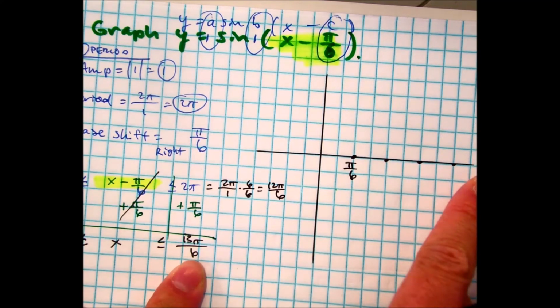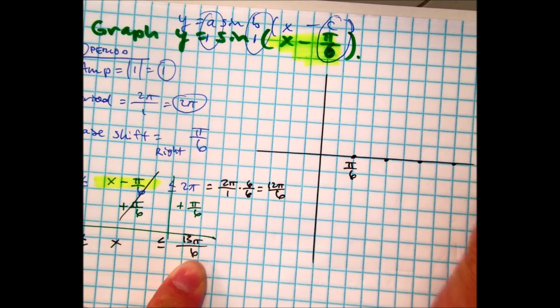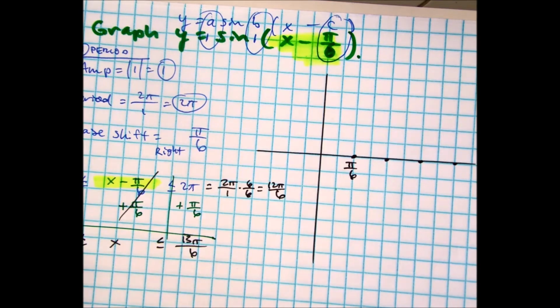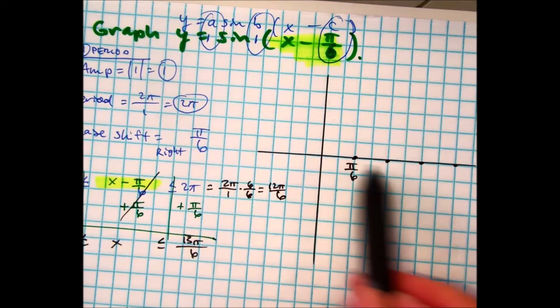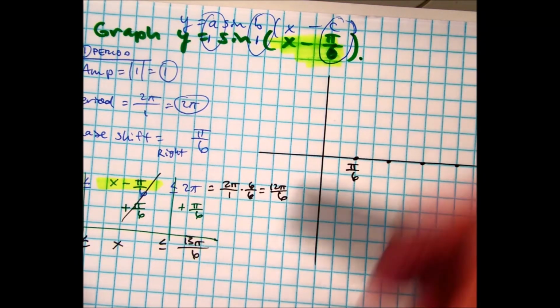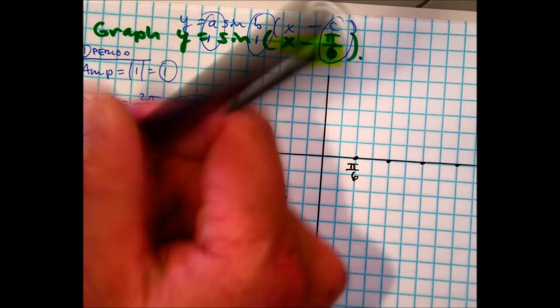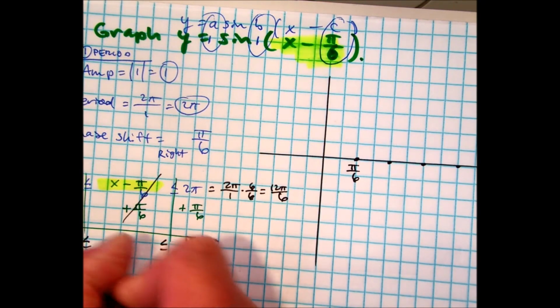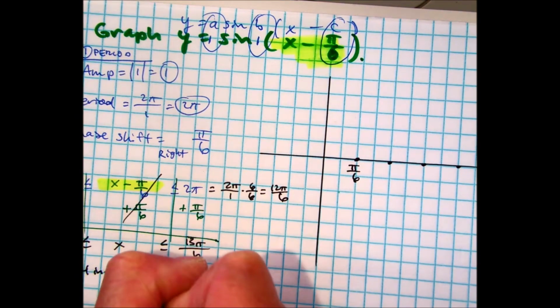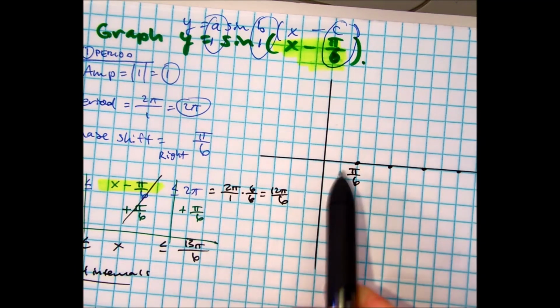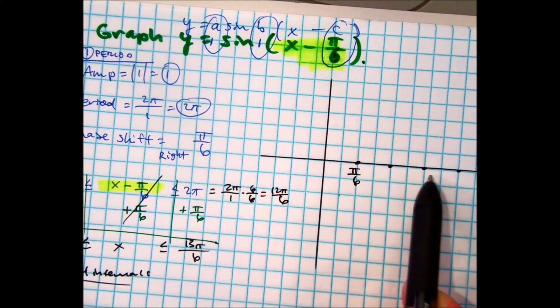And this one over here represents 13 pi over 6. Now, if you get stuck on this, just draw a graph, evenly spaced, 5 points, and then you can input your y-axis later. So right now I'm doing the 4 intervals. My intervals are 1, 2, 3, and 4.